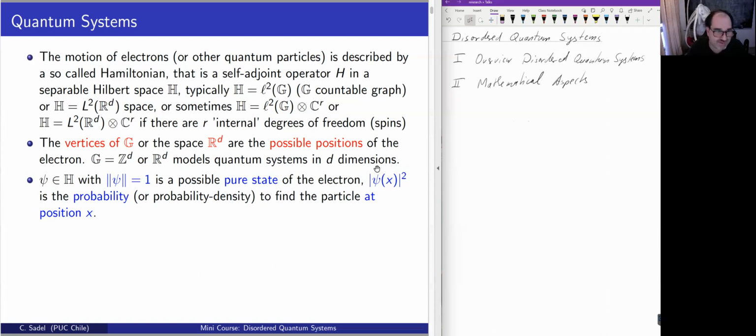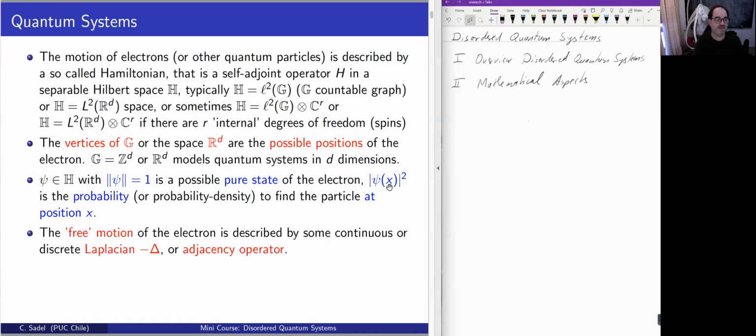And if we take some lattice site x and look at the value |psi(x)|^2, then that's the probability to find the particle at this position. And in the continuous case, this is the probability density to find the particle at that position.